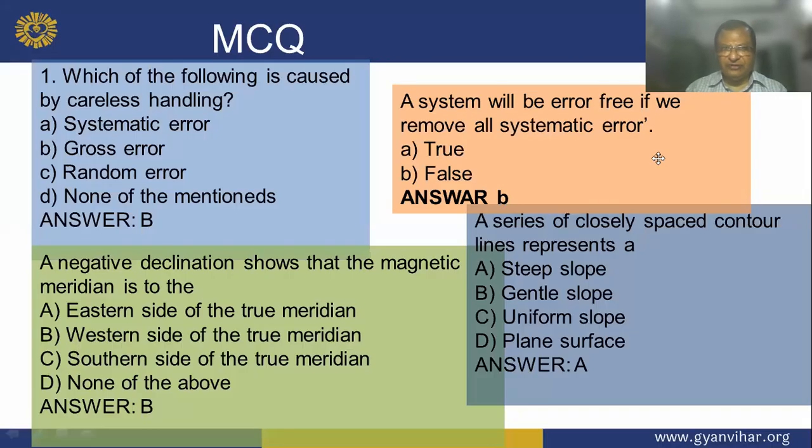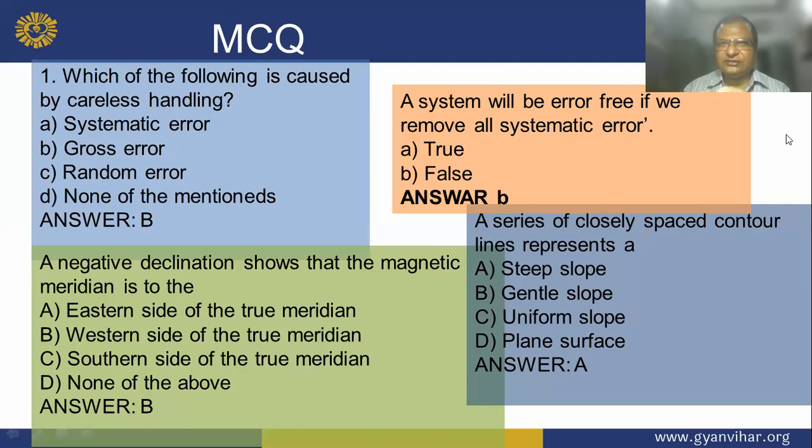So question number 1, which of the following is caused by careless handling? What is the correct answer? The correct answer is B, cross error.